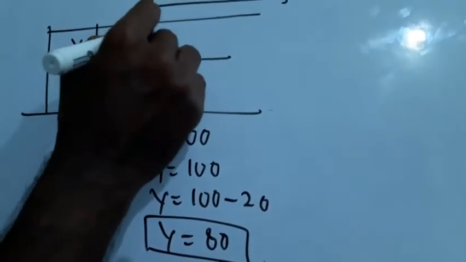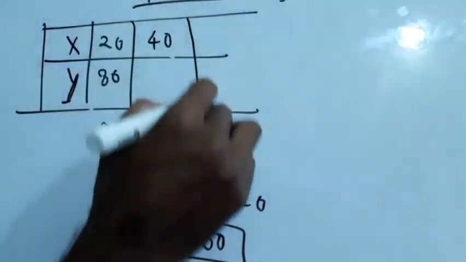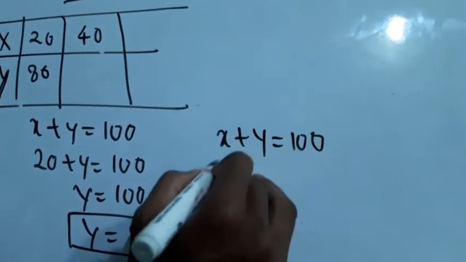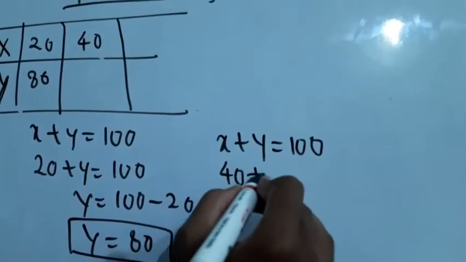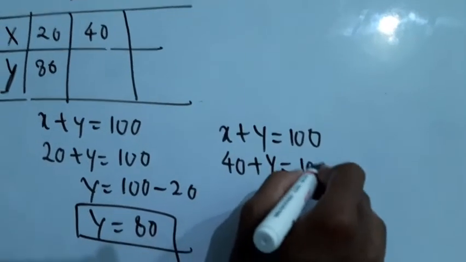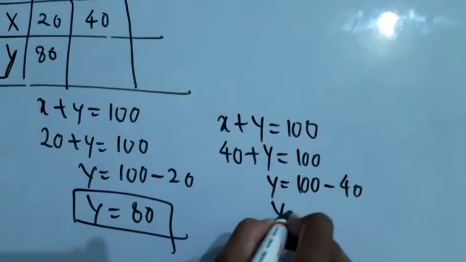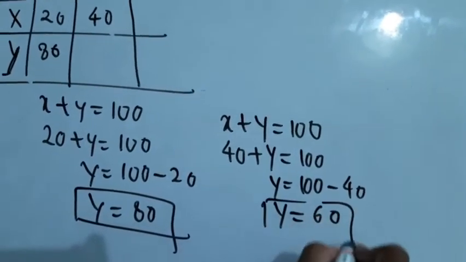When x is equal to 40, then y will be equal to 60.